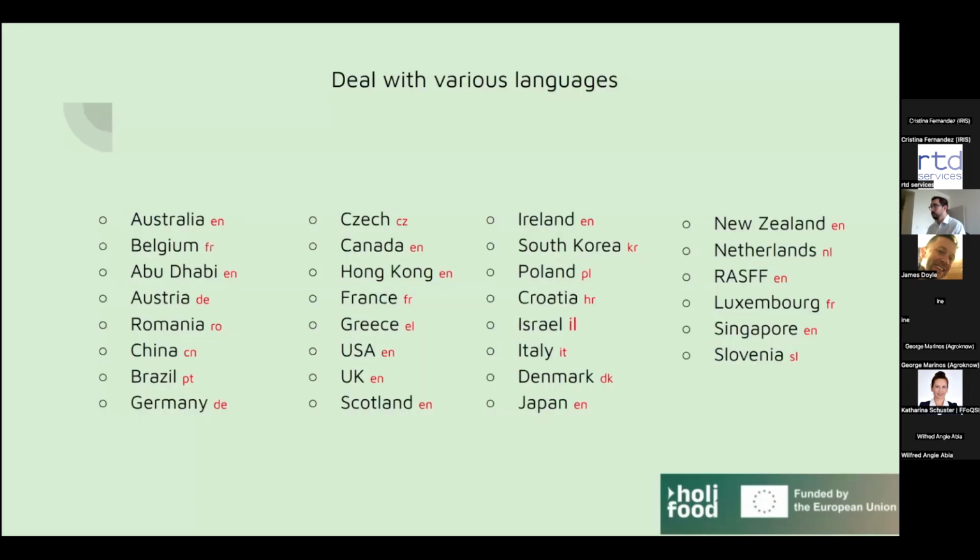Of course, these are not the only difficulties that one may face. There are various languages because we are talking of a global monitoring system, and the different sources may contain, of course, different languages.